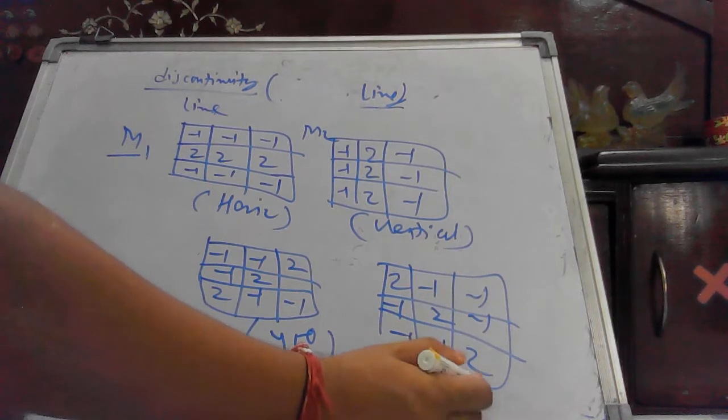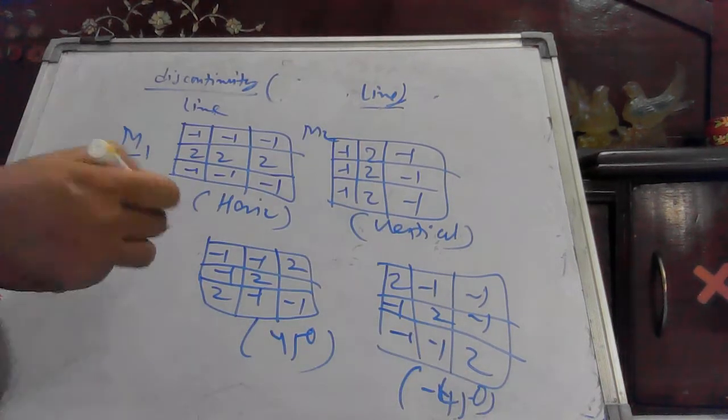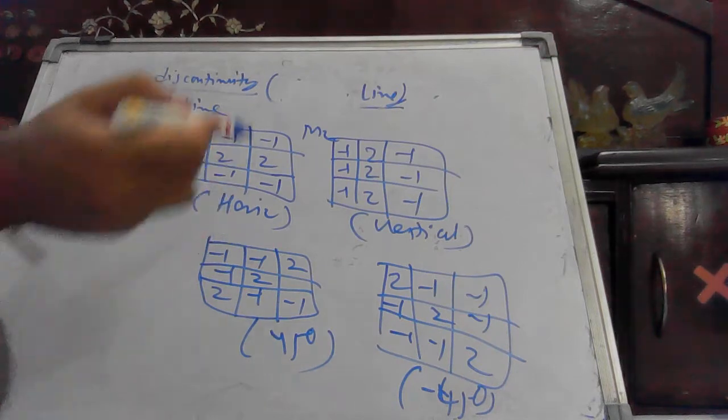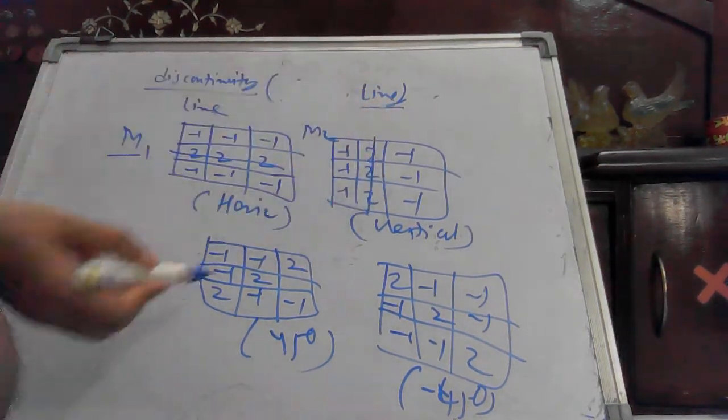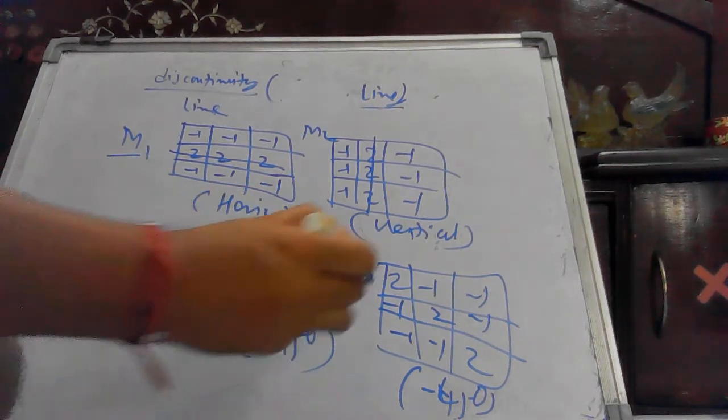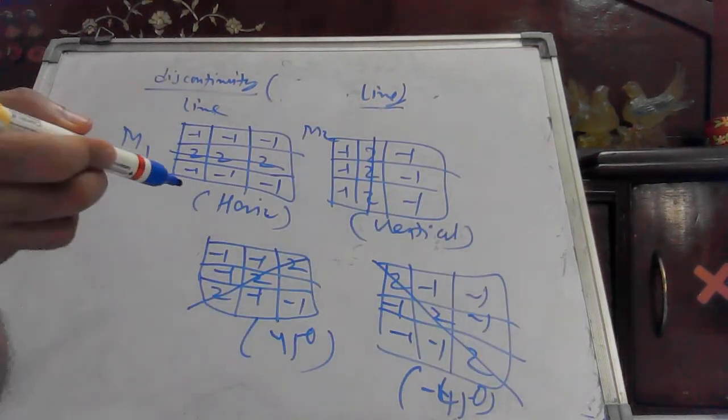So these are the 4 popular masks you can use for detection of a line. If it is a horizontal line, you take it like this. If it is vertical, you take it like this. If it is 45 degrees, you take it like this. If it is minus 45, you take it like this.